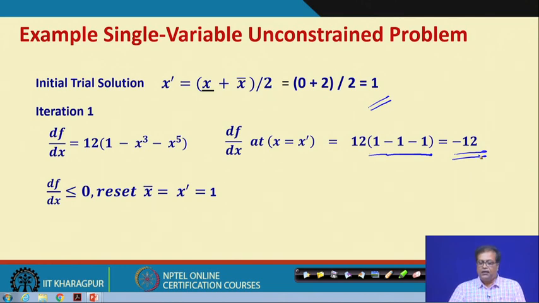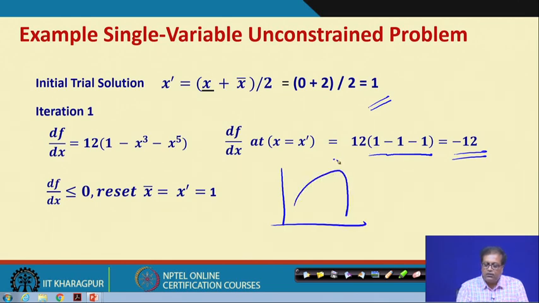Since we get a negative, which side will it fall? Recall, this is our curve. So, this is negative. So, this point must have fallen this side. So, this side means this is 0 side and this side is 2 side, right. So, 0 was x underline, 2 was x bar.